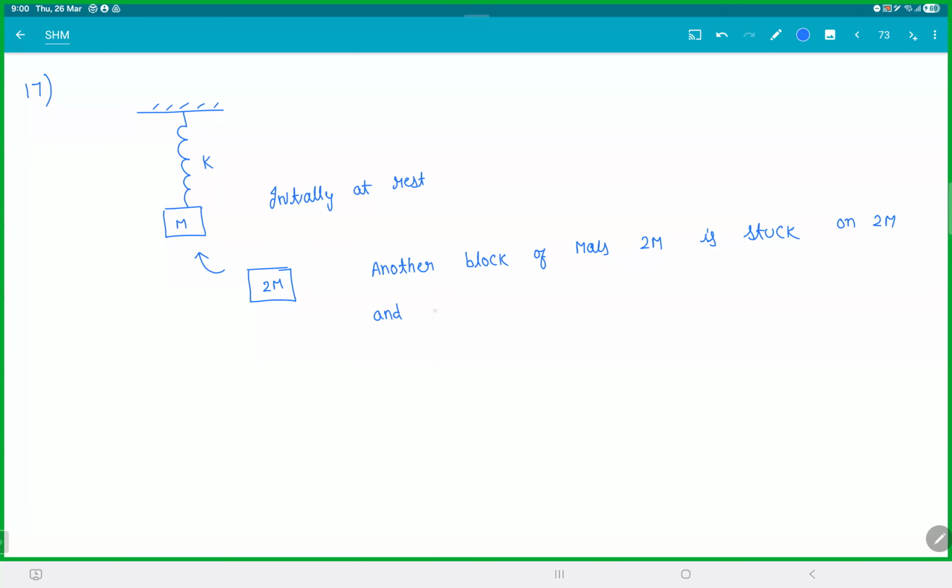So it is already at rest, you stuck the block and released it. Find the new time period and the amplitude of the motion. If you attach the block and leave it, it's going to oscillate. So what is the amplitude of the motion and what is the new time period?